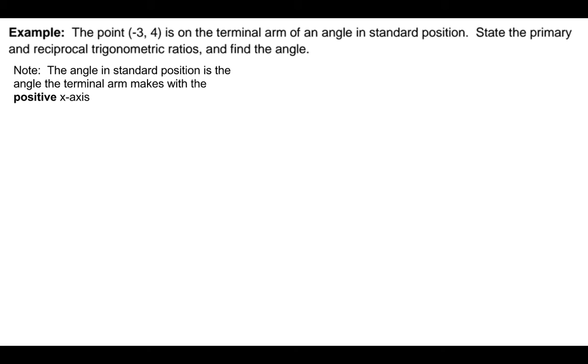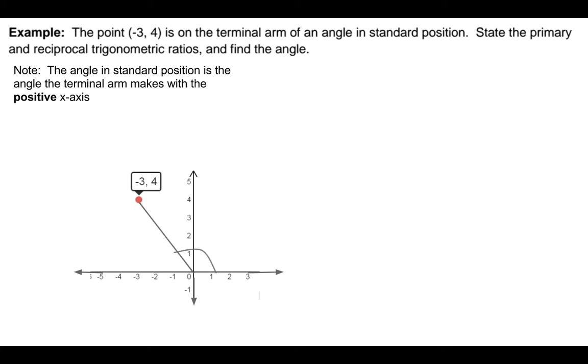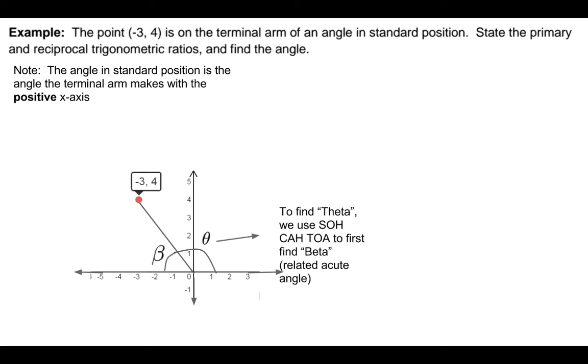So an example here, we're going to just plot the point -3 comma 4. And so we can see the terminal arm connecting the 0, 0 to that point. The angle that we're going to measure is this angle, that's the theta. Because if you go around the unit circle, you start to see this angle is very closely related to this angle, which we'll call beta.